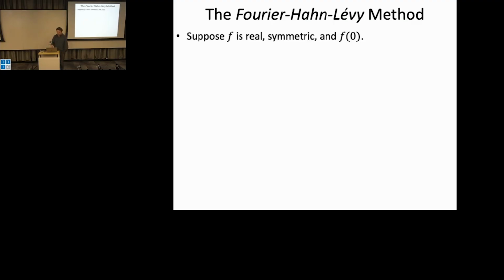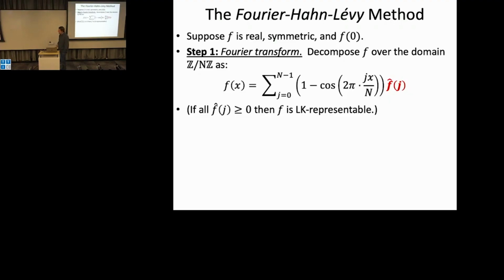So let's say we have a function that's real and symmetric and it's 0 at 0. These are the basic properties that we need to satisfy for it to be sketchable. Whenever you have a function in this form, you can compute its Fourier transform over some large cyclic domain and write it in this 1 minus cosine basis with these various coefficients.